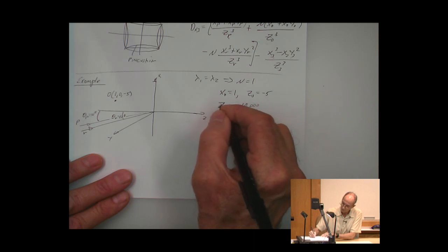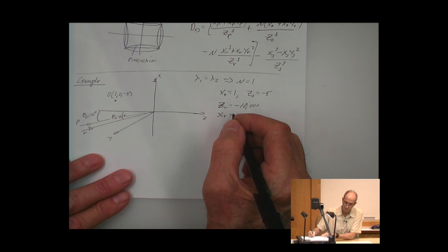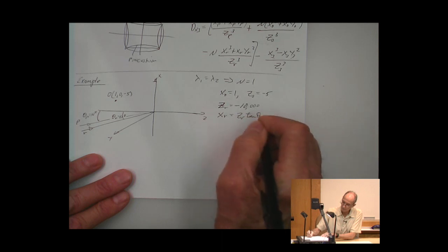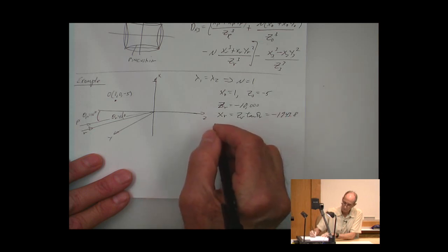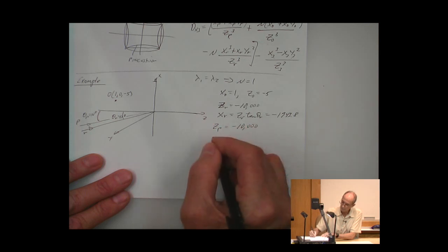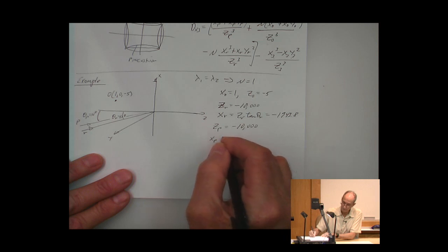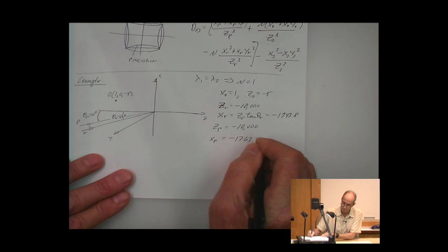And corresponding xr then for that angle of 11 degrees gives us zr tan theta r equals minus 1943.8. And then for zp, we also have a plane wave from minus z, so minus 10,000, and xp is equal to minus 1763.27.